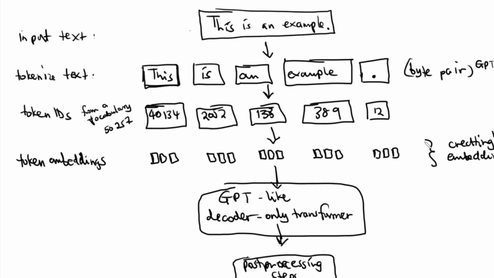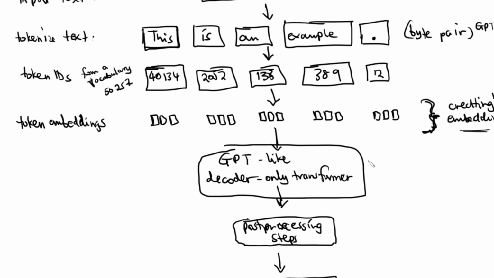Then we are at this stage where we are creating the input token embeddings. That's what we want to create now. Because once we can create those input token embeddings, these models, they are deep neural networks, right?